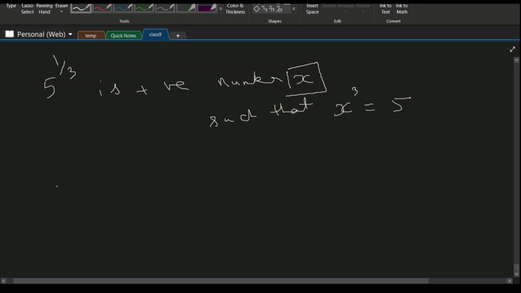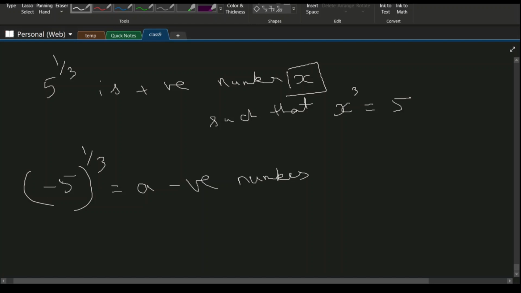And if I say minus 5 raised to the power 1 by 3, so the principal third root of minus 5, what will that be? That will be a number x. This will be equal to a negative number x. Since the base is negative here, as per the definition, we are not going against the definition. This is how it's defined, all the principal nth roots of any real number.